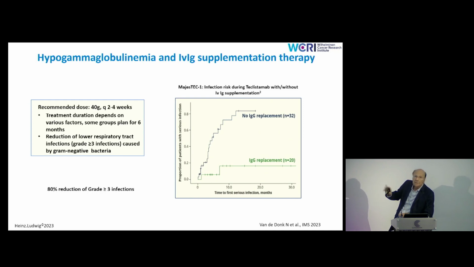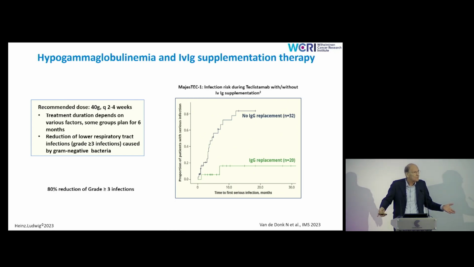And here, that is not randomized. But these were patients with low IgG. Half of the patients received IgG supplementation, and the other half not. And here you see the risk for infections, which is significantly reduced with IgG replacement.